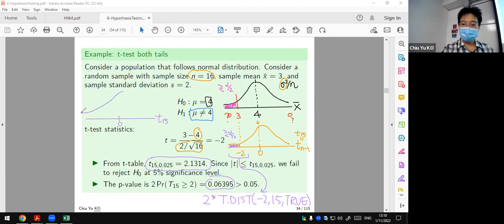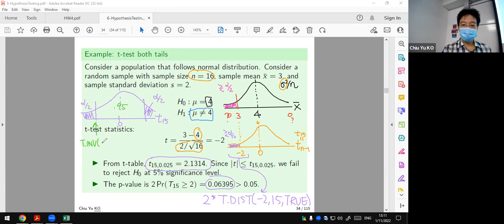What we try to do is look at this. Remember, look at both sides. Both sides is alpha over 2, and this value will be just t inverse, because for alpha we use 95, 0.95 here.